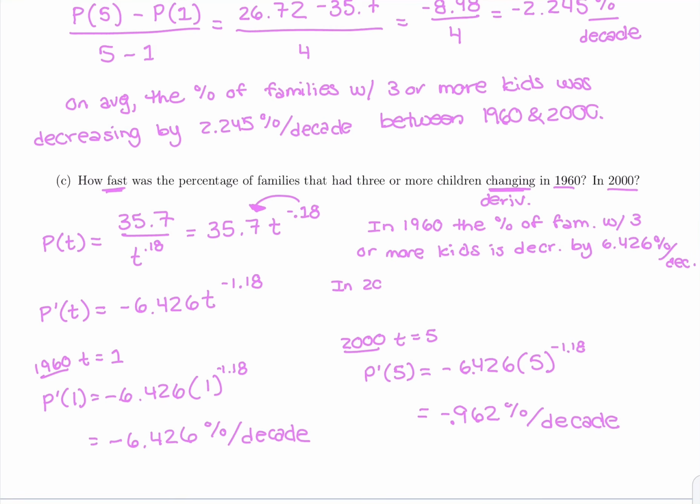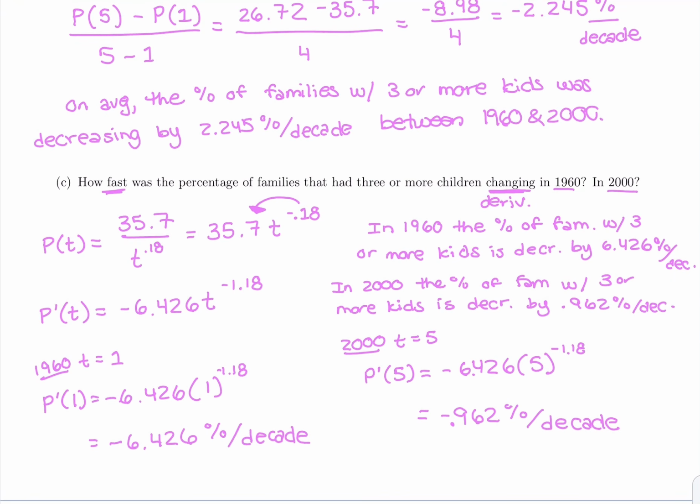Whereas in 2000, the percent of families, it's a long unit, with 3 or more kids is decreasing or was decreasing by 0.962% per decade. Those answers make sense.